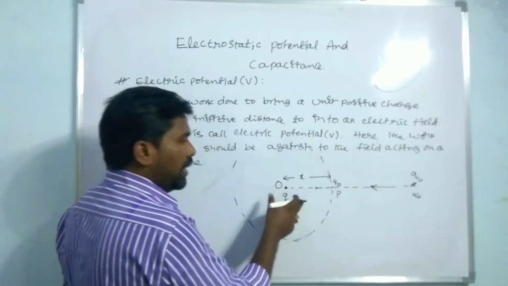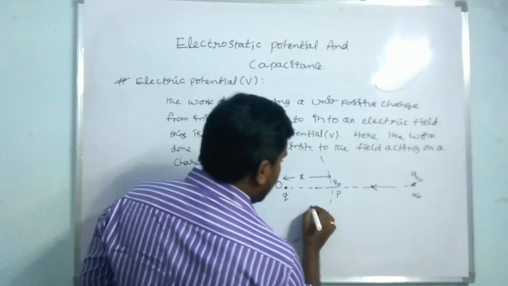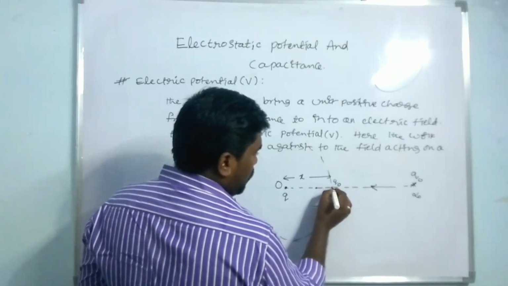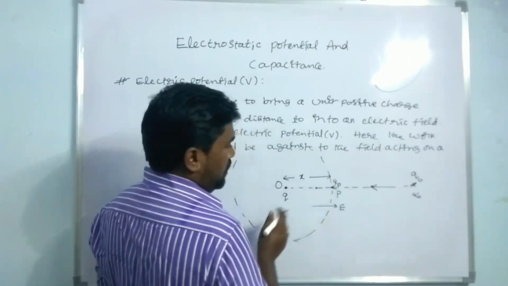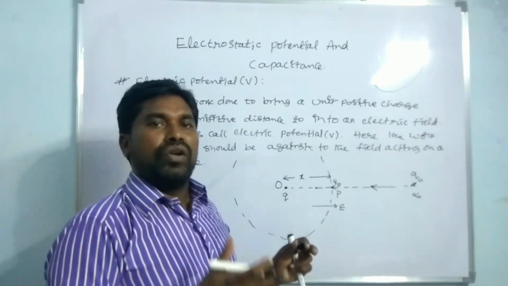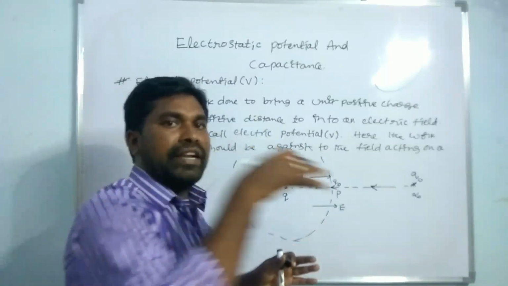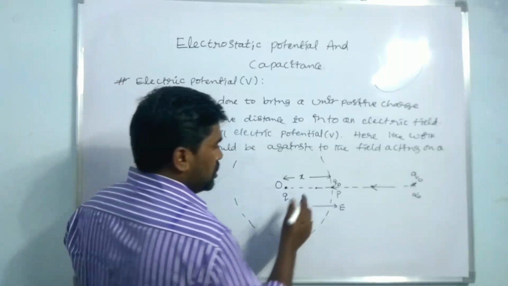The intensity of electric field acts on that charge in this direction, but we want to move into the field in the opposite direction. So both directions are opposite, hence we need to do more work to enter into the field. That's it.